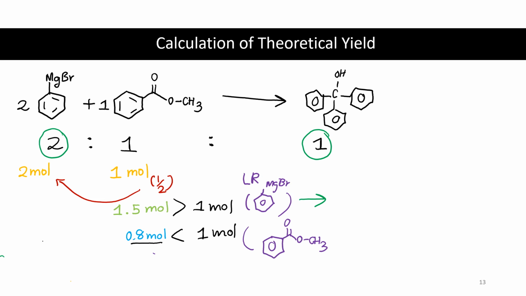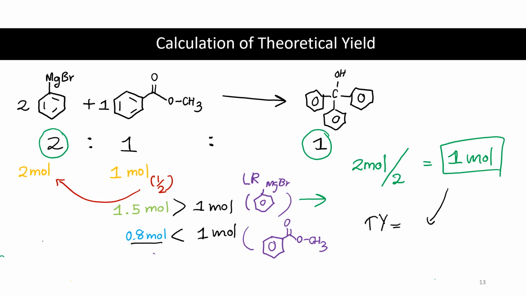So if you reacted 2 moles, you would get half the amount of product. So theoretically, we could get 1 mole of triphenylmethanol based on this example. And once you know the theoretical number of moles, to get the theoretical yield, you multiply that number by the molecular weight of the product.